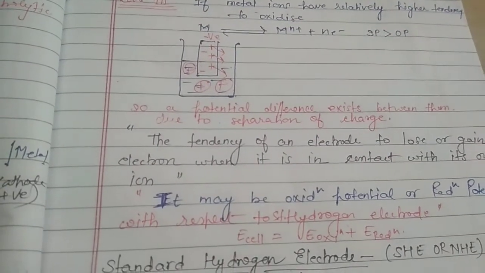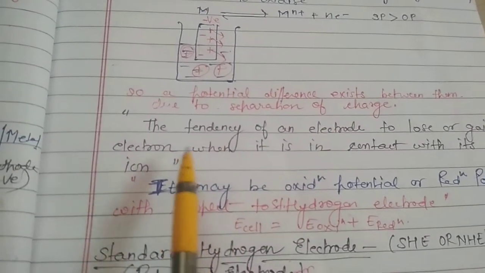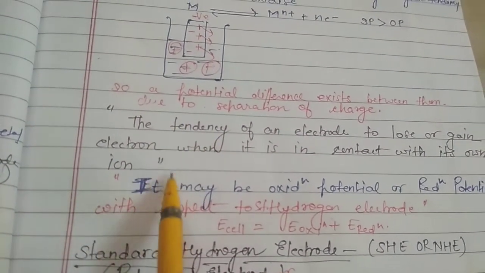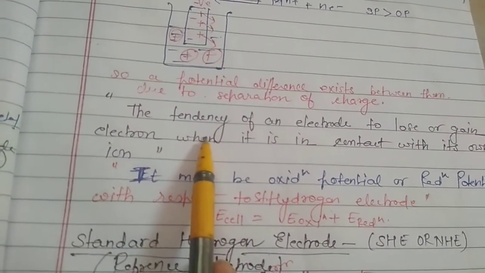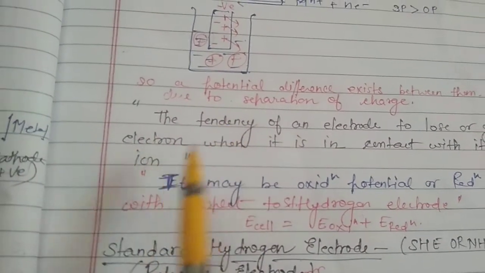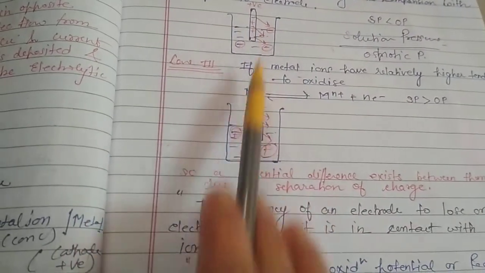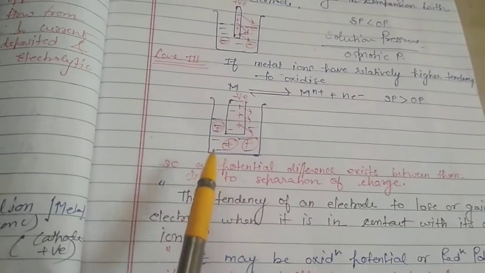So, as we are not able to calculate the oxidation potential or the reduction potential alone of a particular cell, I would not be able to calculate the reduction potential or the oxidation potential of these half cells only.